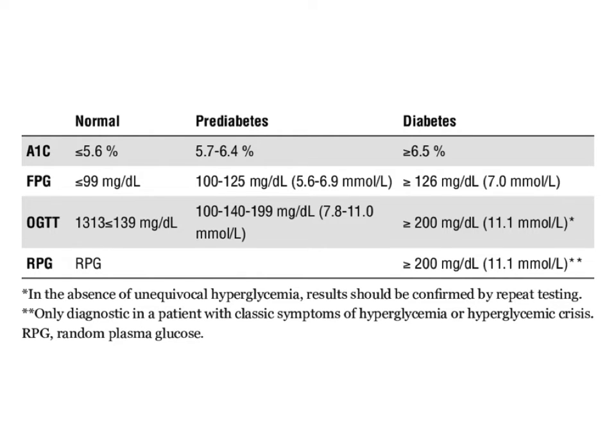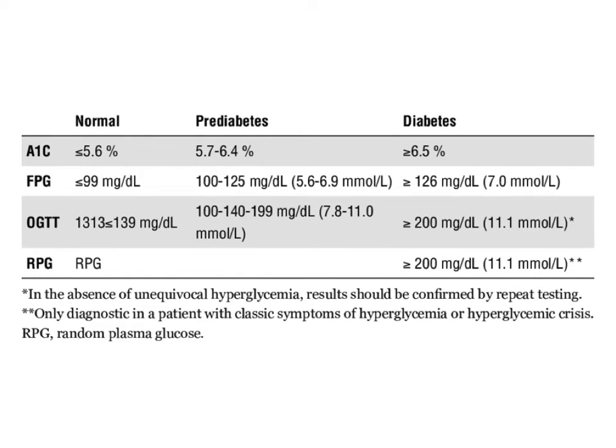The normal limit of HbA1c is less than 5.6 and your blood sugar should be less than 100 milligrams per deciliter. If the HbA1c and blood sugar levels are higher, you can be classified as a pre-diabetic or diabetic patient. If it is more than 6.5, you are diagnosed as a diabetic patient. If your fasting blood sugar is more than 126 with symptoms, you are a diabetic patient.